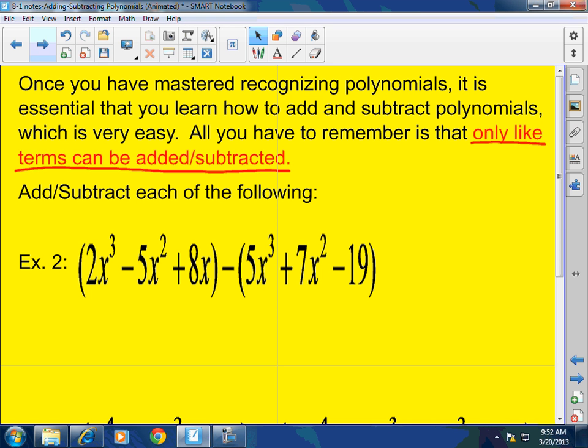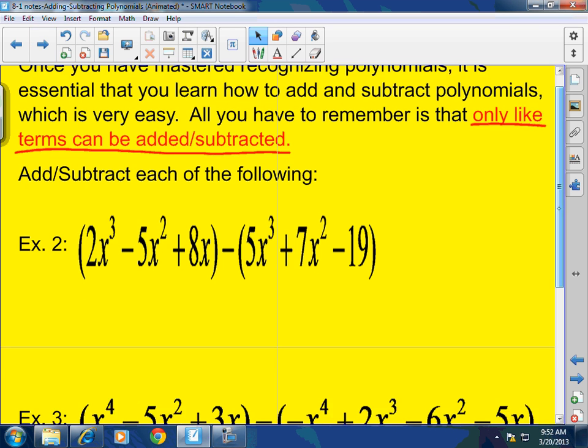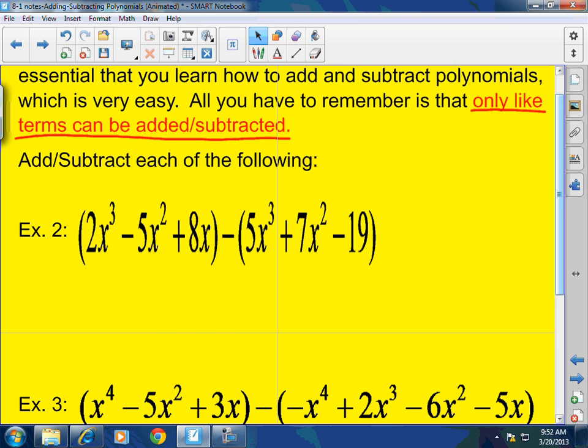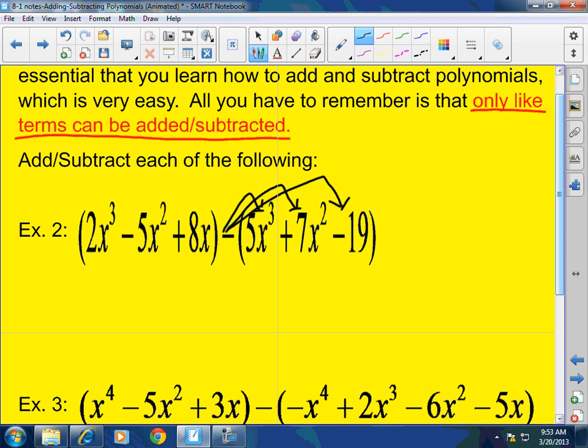Let's add 2x cubed minus 5x squared plus 8x, minus the quantity 5x cubed plus 7x squared minus 19. First things first, guys. This little negative outside of parentheses should indicate something to you. What does this indicate, guys? You have to distribute it to everything, right? Remember we talked about the distributive property a long time ago?